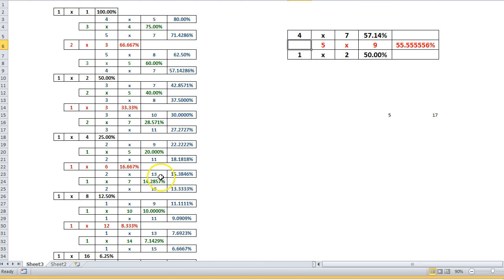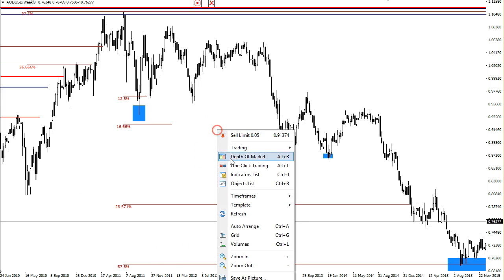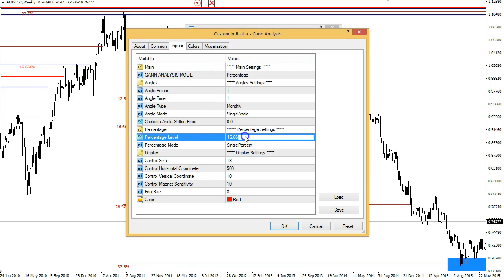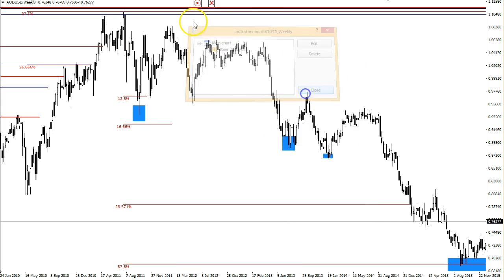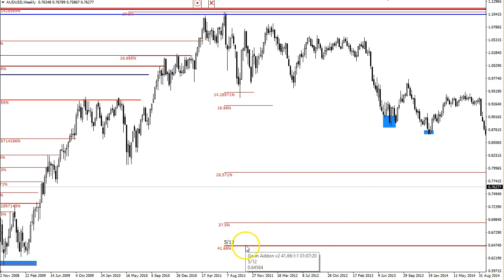So halfway between the 12.5 and 16.66 is 14.28571. Okay, 14.28571 is not that wow, because it was broken like the 37.5 here.